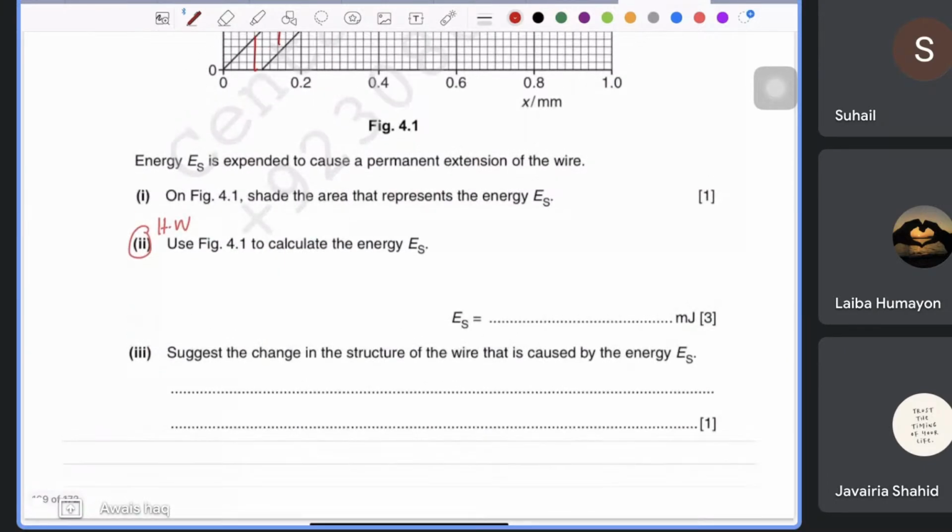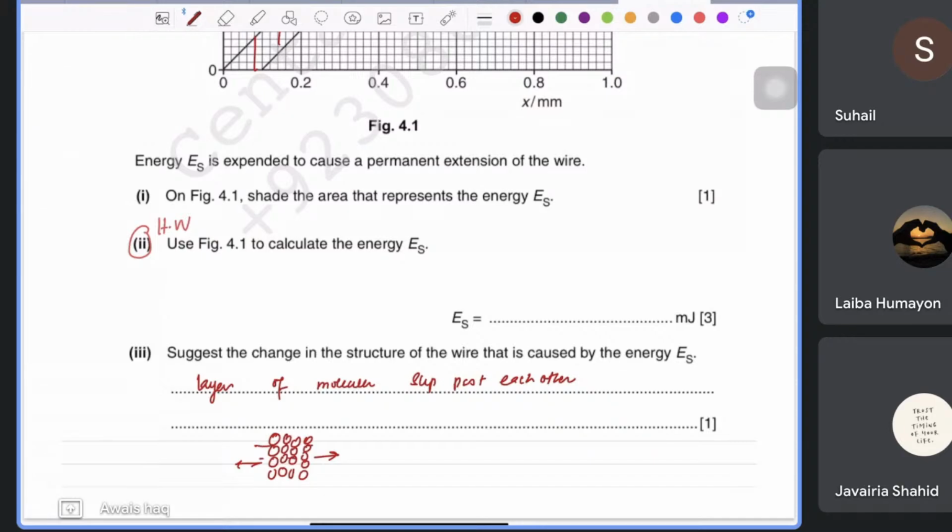Then they ask to suggest the change in structure of the wire that is caused by the energy. So the change is that basically the layers of molecules slip past each other, like I showed you. Especially in metals, which are not very brittle. Some solids are brittle, like glass. When you pull a metal, slippage might occur between the layers.